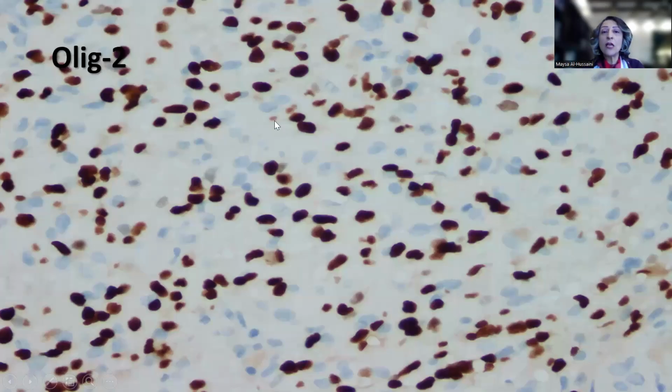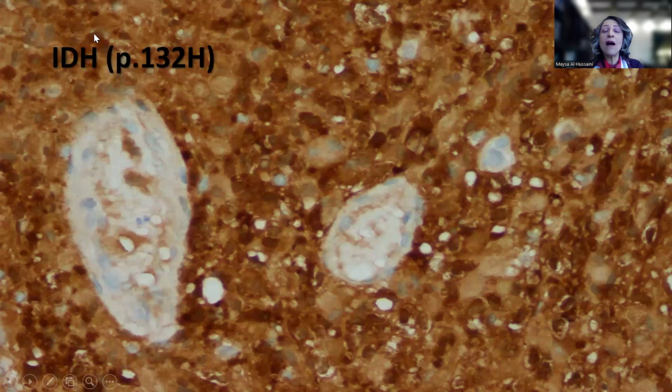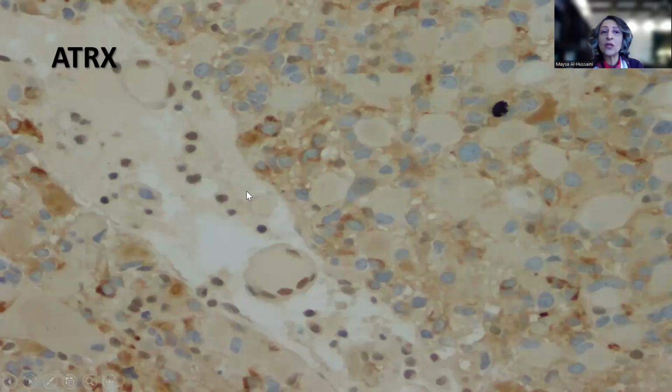And then we have OLIG2, and OLIG2 is positive mostly in the smaller cell component rather than the gemistocytes. Now IDH-1 is positive, showing intense cytoplasmic staining as well as to a lesser degree nuclear staining in the presence of negative vessels, negative internal control. It's very important to remember.